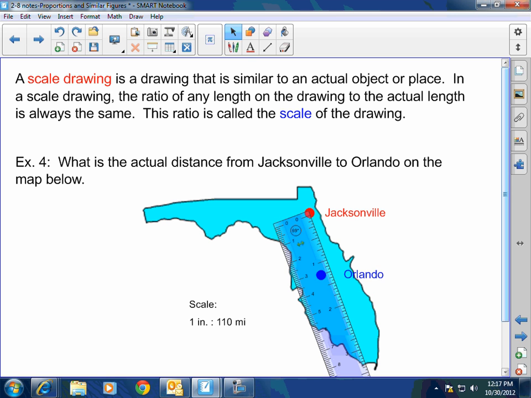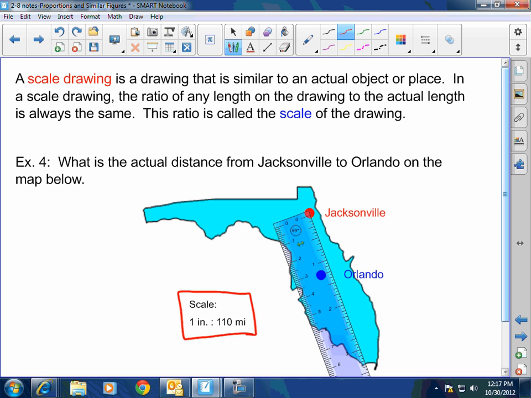This ratio is called the scale of the drawing. I put up a rudimentary little map here. Even if you're on your GPS, guys, you have what's called a scale at the bottom. It's a key. And the scale here says that for every inch on the drawing, it means 100 miles in real life. So every inch of drawing equals 110 real actual miles.